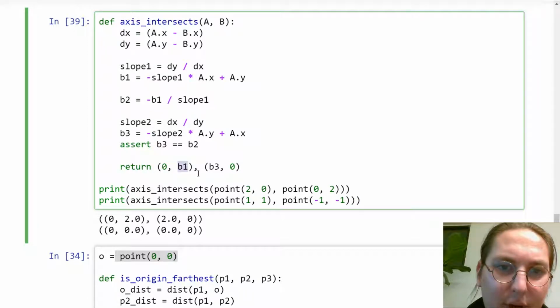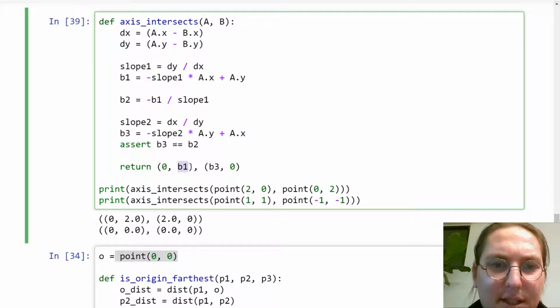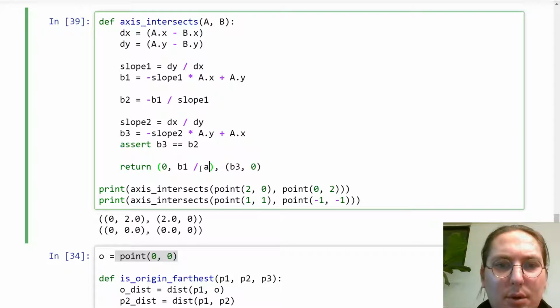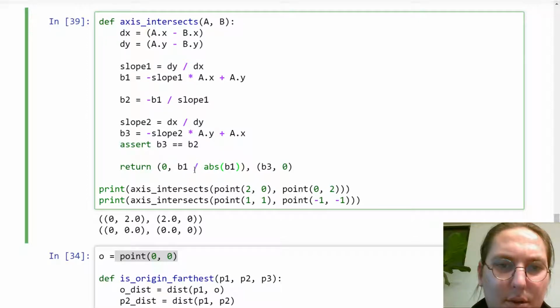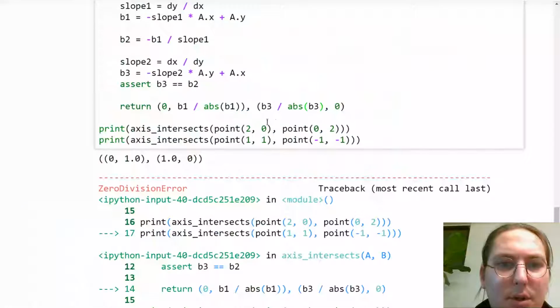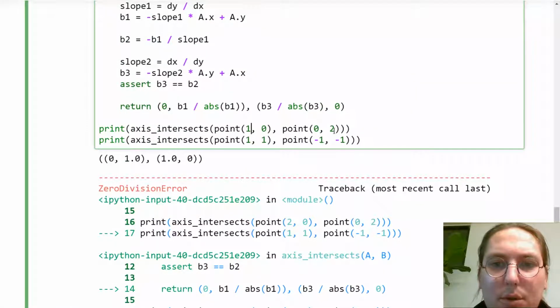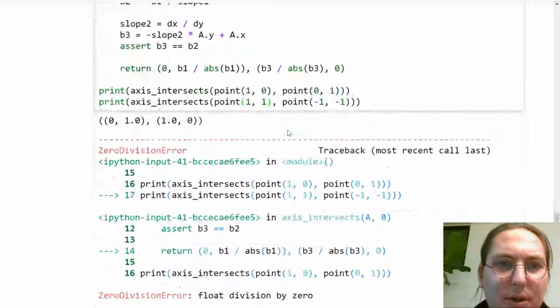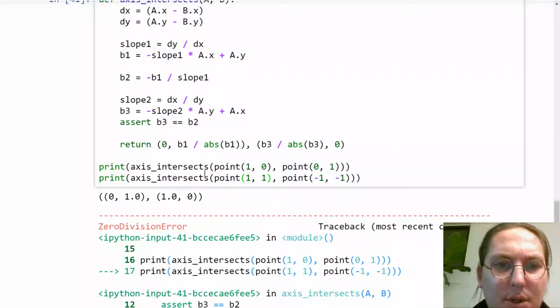If we just divide this by itself, or divide it by its absolute self, then we will get normalized, to 1, because we don't actually care about the specific point where the crossing happens.